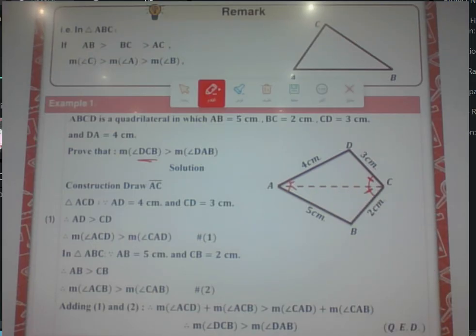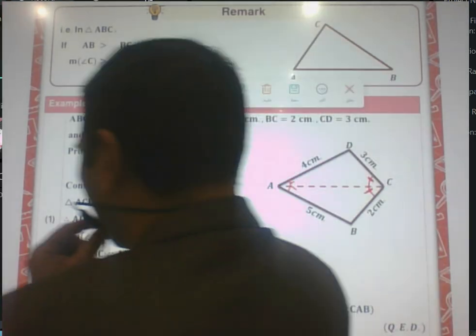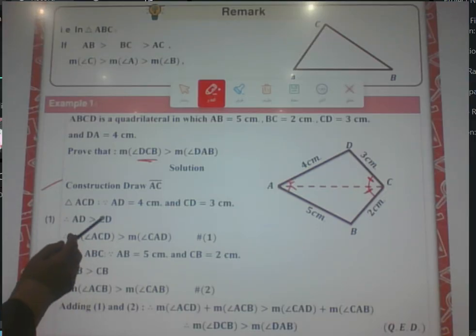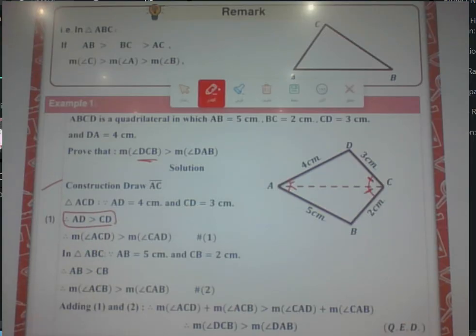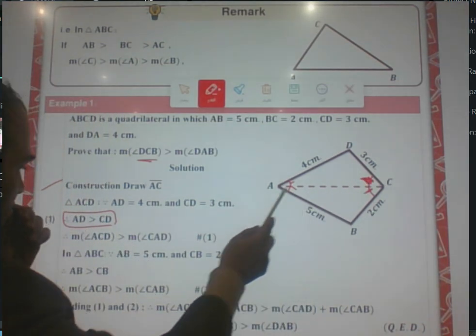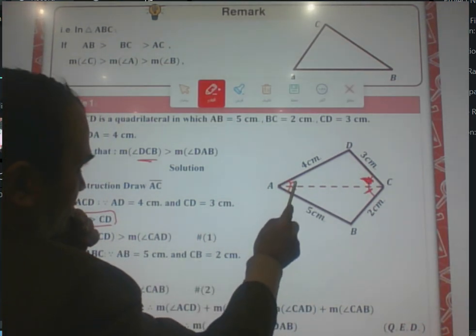In the proof, we draw the line segment AC here. In the first triangle, AD equals 4 centimeters and CD equals 3 centimeters, so we have a relation between AD and CD. Then the measure of angle ACD, here is this angle, is greater than the measure of angle CAD.